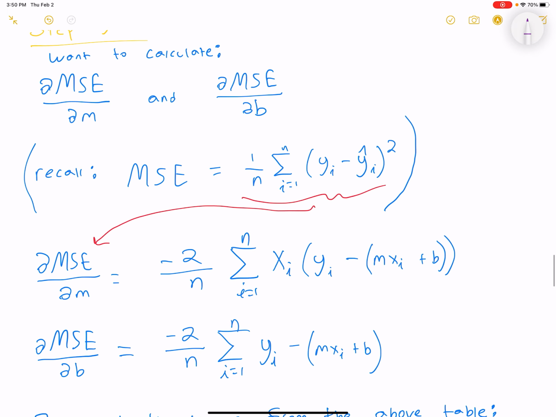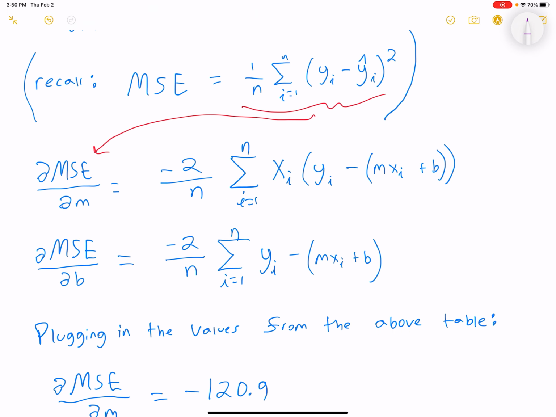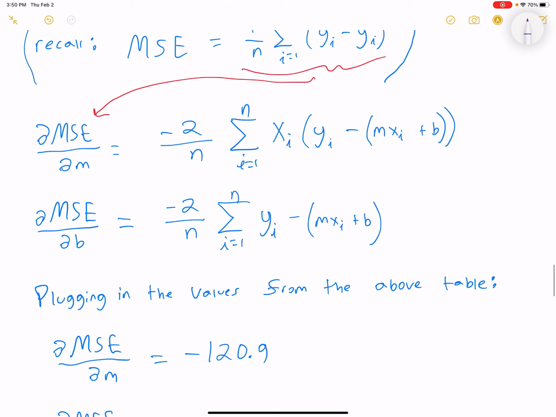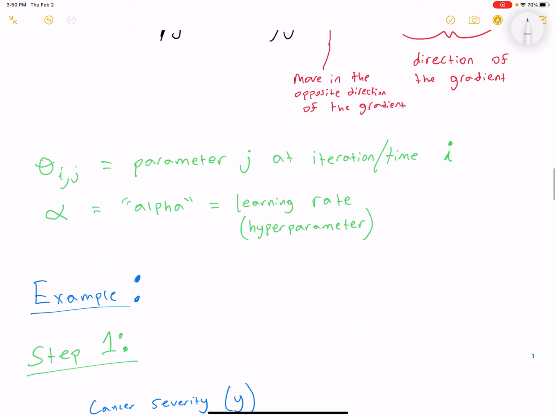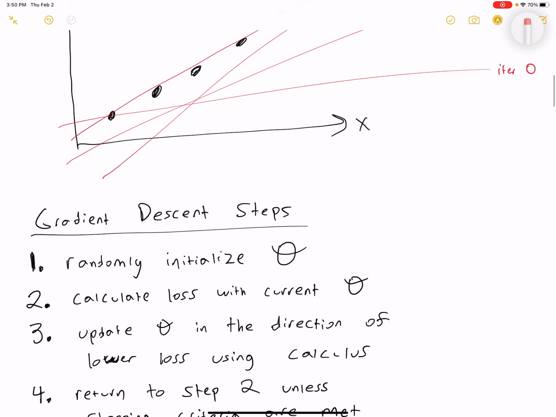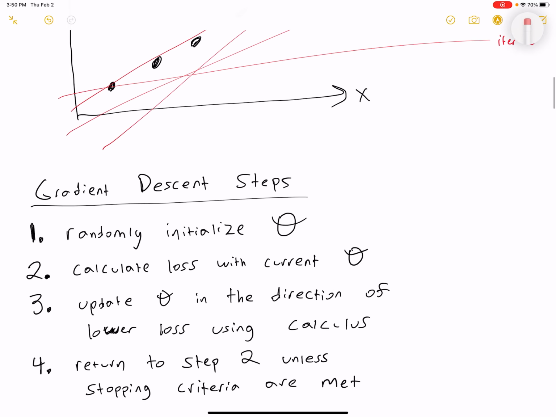Technically, you don't have to take the derivative again. You use the derivative equation with the new values of m and b. If you take the derivative again, it's the same derivative equation, so you're stuck in a cycle doing the same thing.